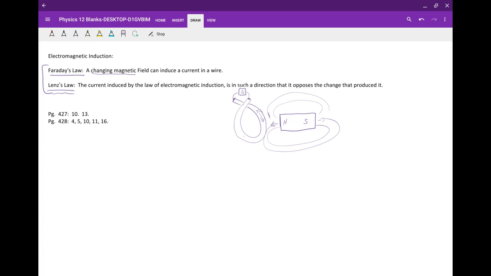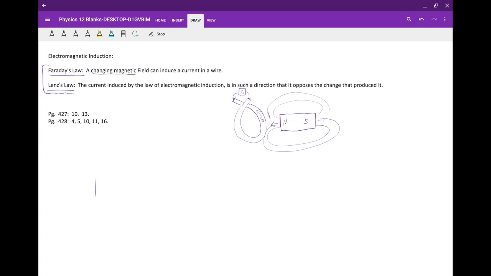That direction is such that the current creates its own magnetic field, which opposes the magnetic field that created it. Okay? Holy moly.